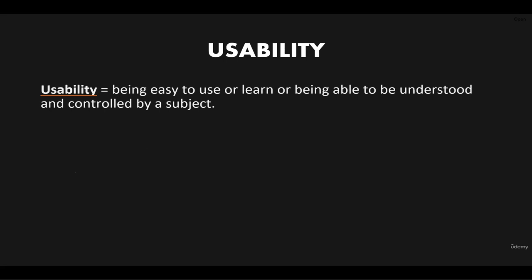Next, we have usability, and this is a rather straightforward concept. In information security, we define usability as something, usually an application, platform, or framework, that is easy to use or learn how to use.